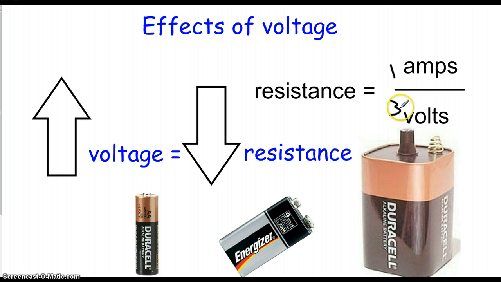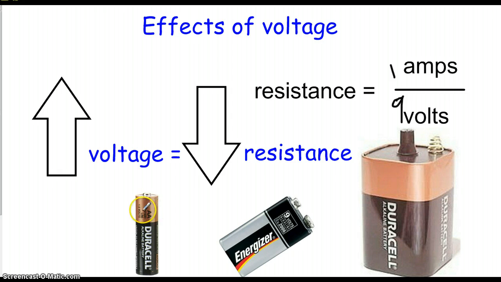Okay, so 1/3. But if we increase the number of volts and we change that number to a 9, 1/9, then the overall resistance decreases. Okay, it makes mathematical sense.